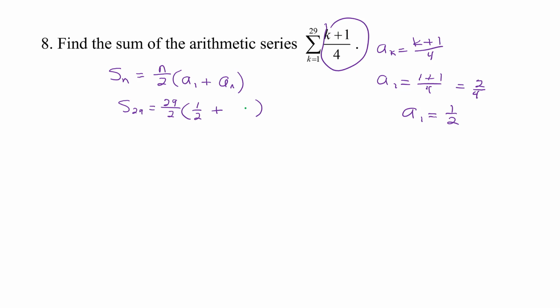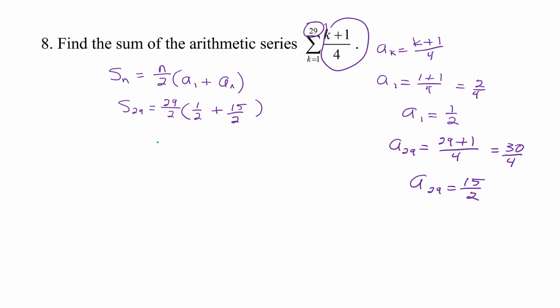Our nth term, which in this case is going to be the 29th term, would be equal to (29 plus 1) over 4. That would be 30 over 4, and that would simplify to 15 over 2. So I have 15 over 2 here.